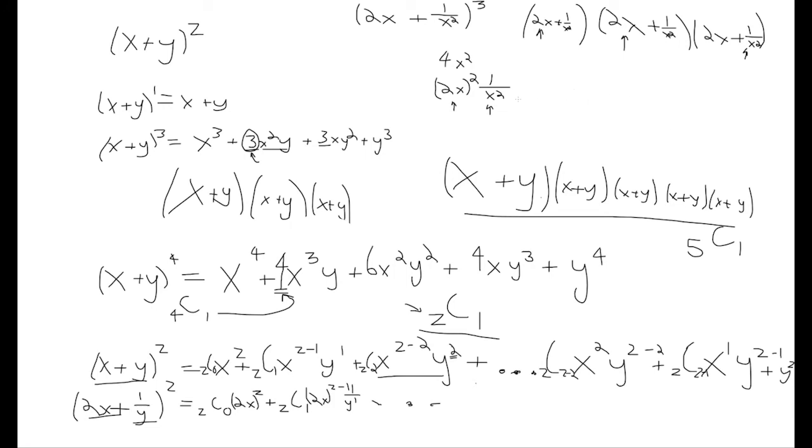And how you would do that is you would find out how many ways you can pick out 1 over x squared from these three (2x + 1/x^2). So basically, how many different ways can you pick one of these to be 1 over x squared? Well, 3, right? Because you can pick any of those 3 to be 1 over x squared. So you would have a coefficient of 3. So you can answer the question by saying the coefficient for the term that does not have an x in it would be 3.